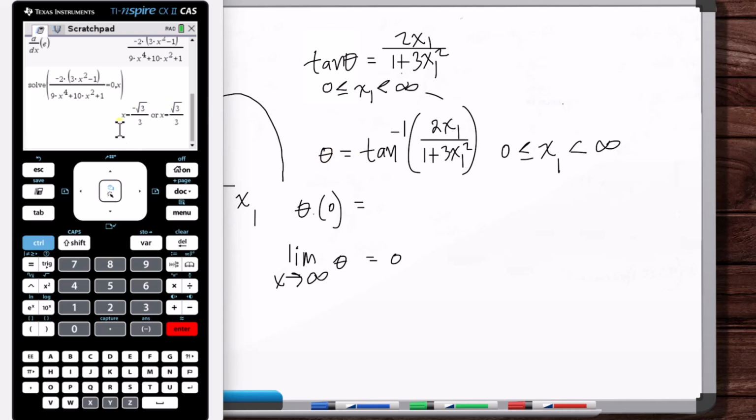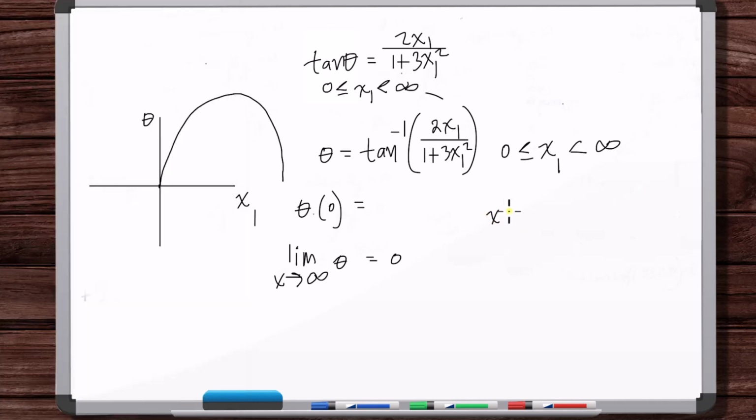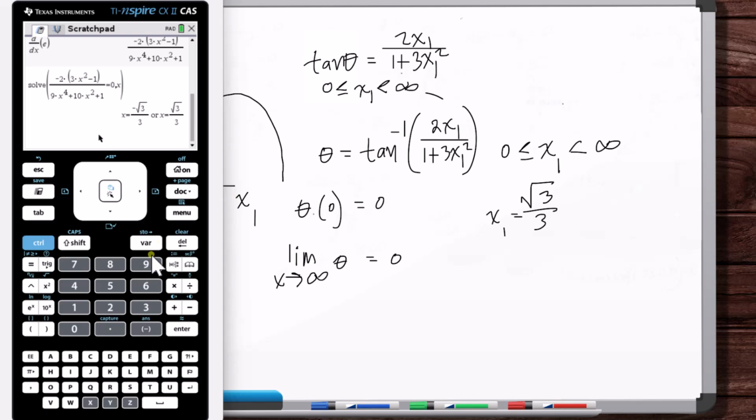This is outside of the domain. So x1 is root 3 over 3. Now we're not done though, because we have to make sure: is there any x that makes the denominator 0?